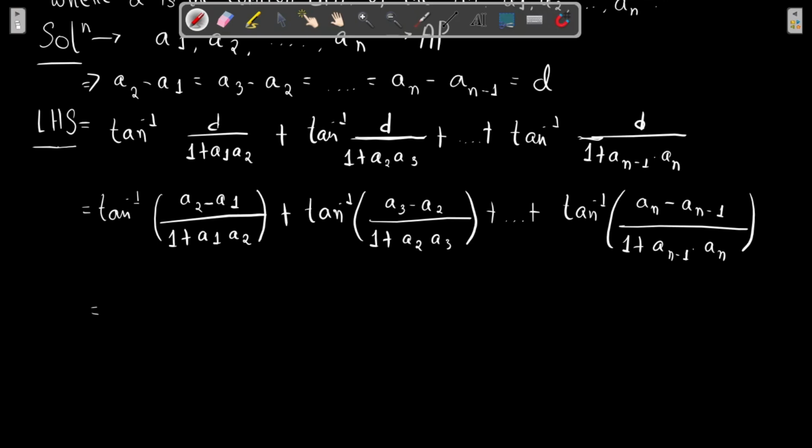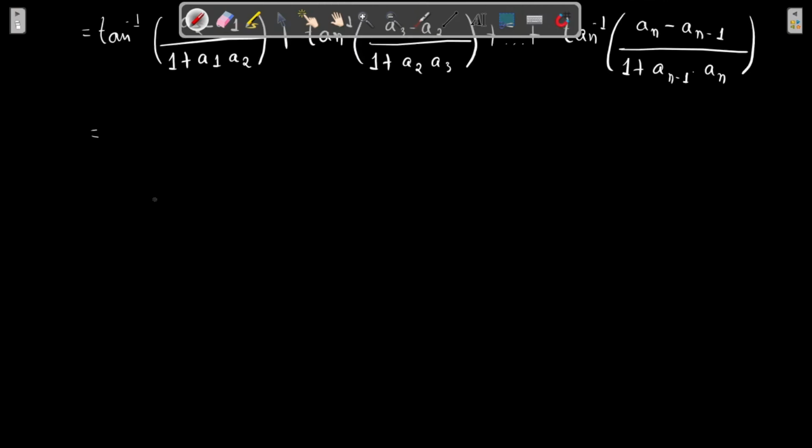So we can write the first term as tan⁻¹a₂ − tan⁻¹a₁.